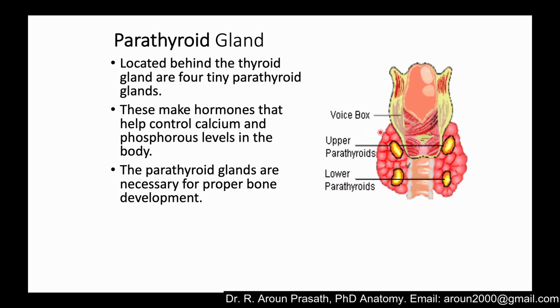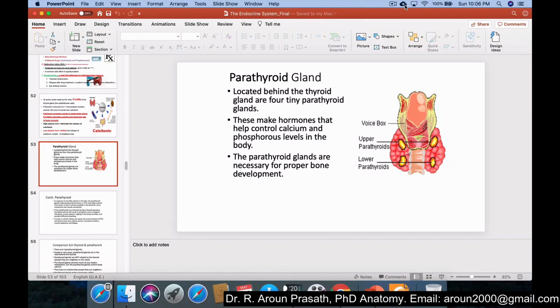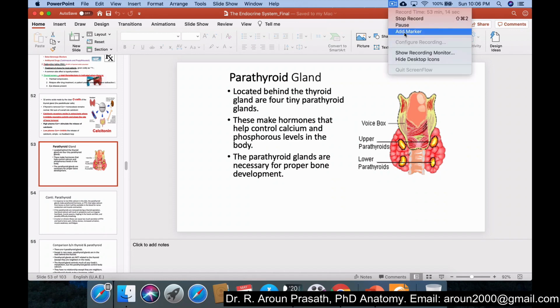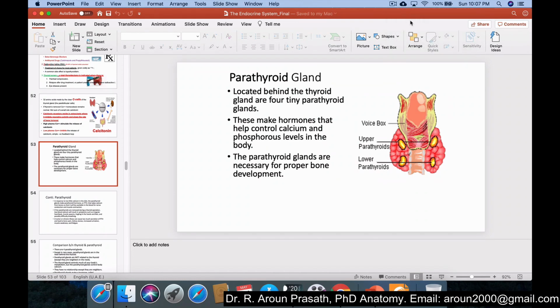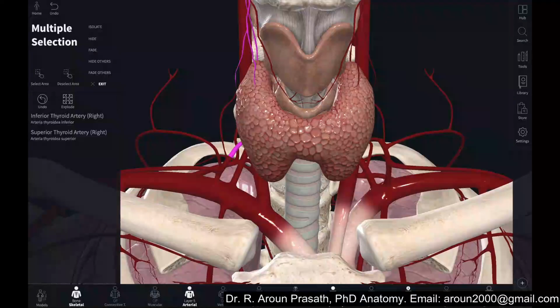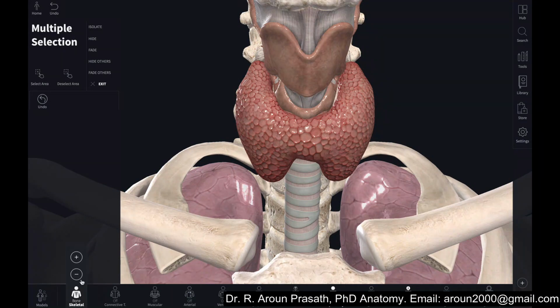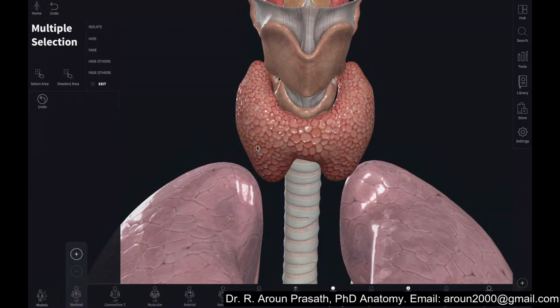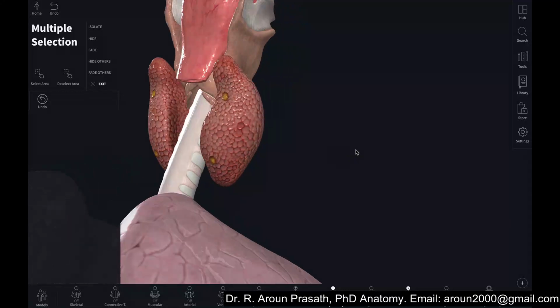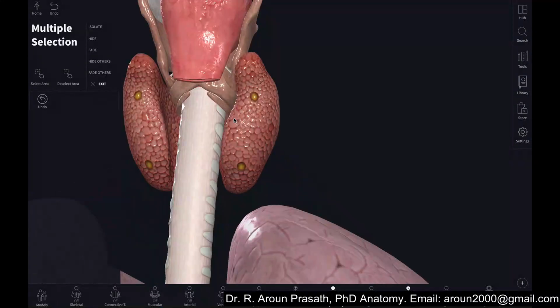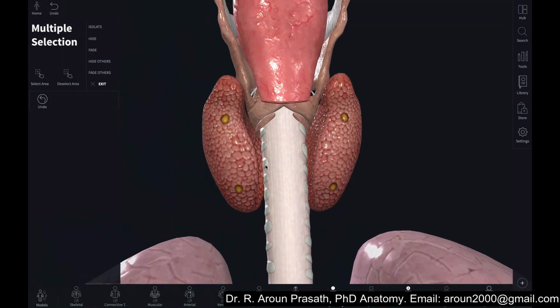If you look at the parathyroid gland, this parathyroid gland is present in the posterior aspect of the thyroid gland. Okay, if you look at this, I am going to turn the thyroid gland, and you see here there are some 4 dots.